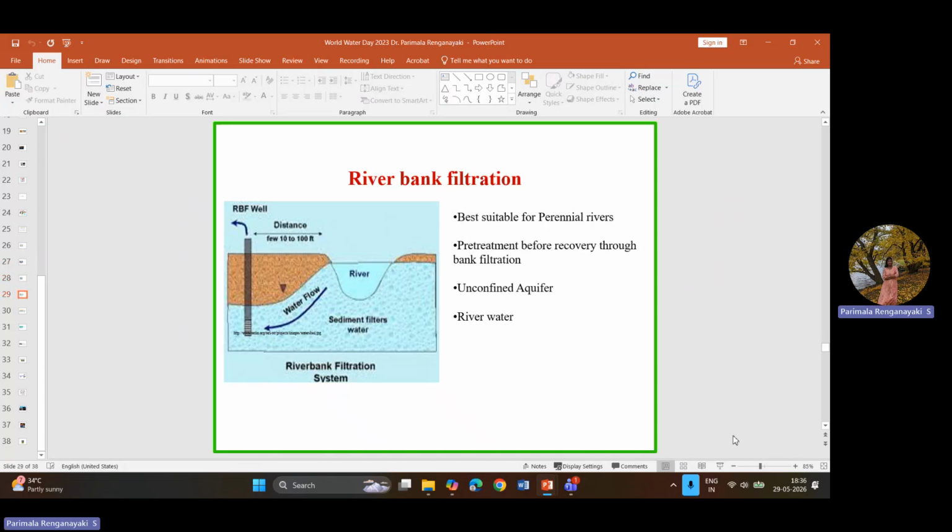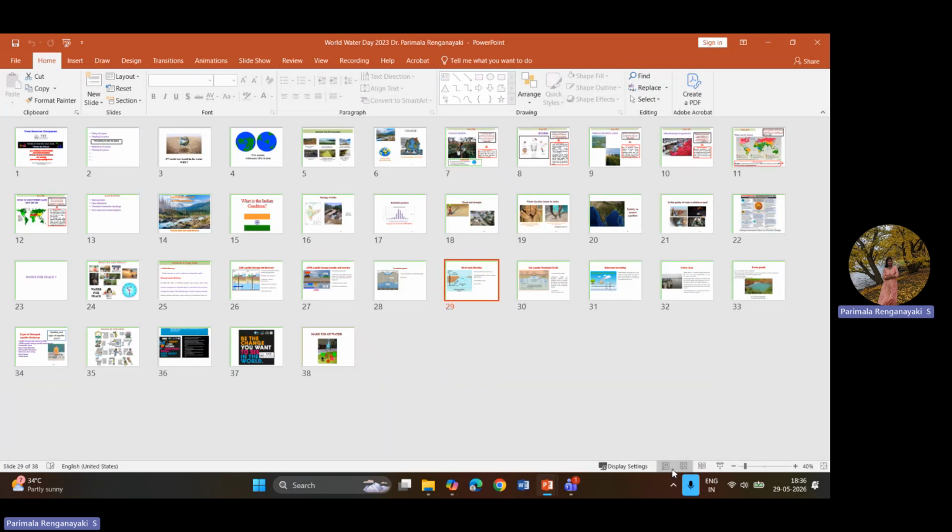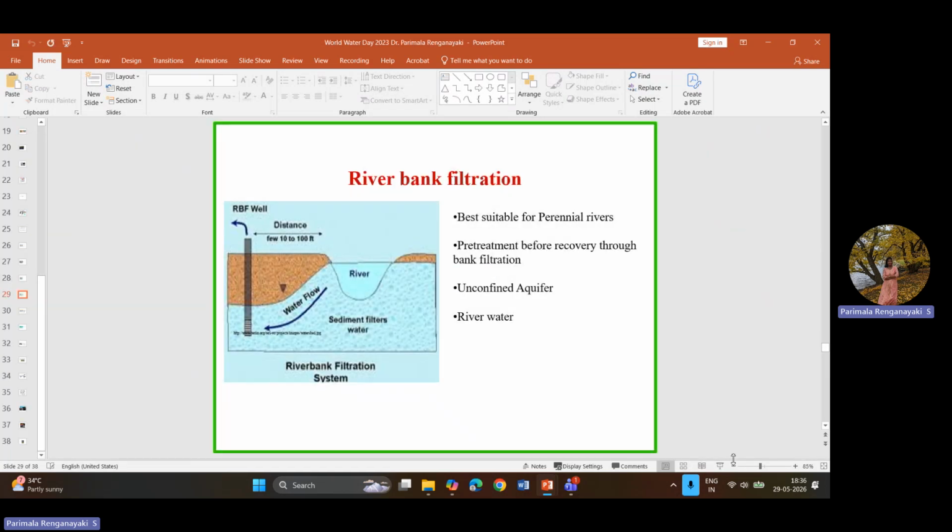Yeah. So this is the river bank filtration scenario.